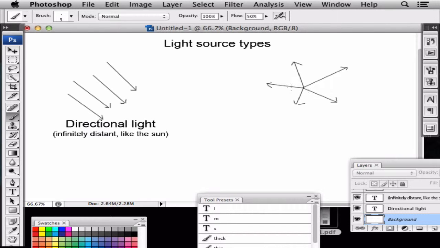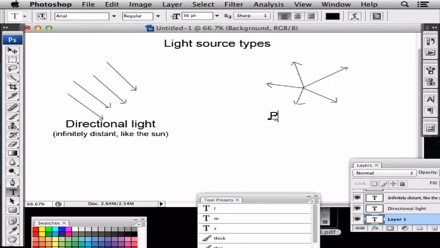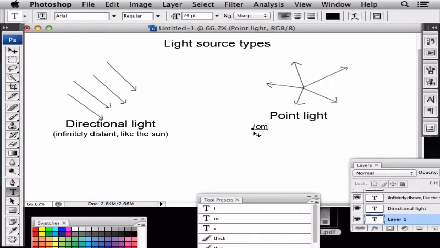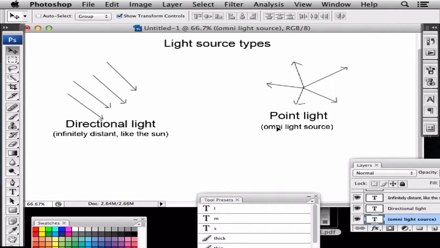And you have equal amounts of energy radiating in all directions from the light. Point light is the most normal expression for that. Omni light source. Omni is omnidirectional. It means that every direction, light is emanated in all directions.